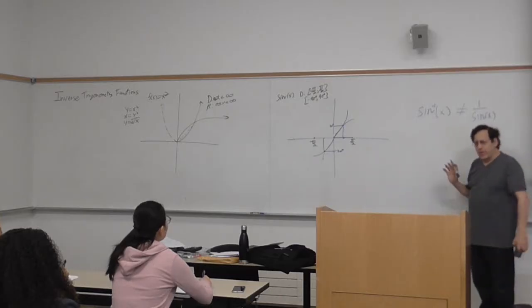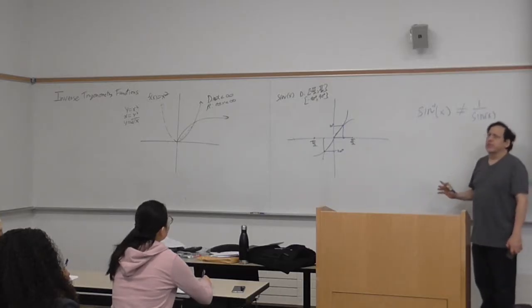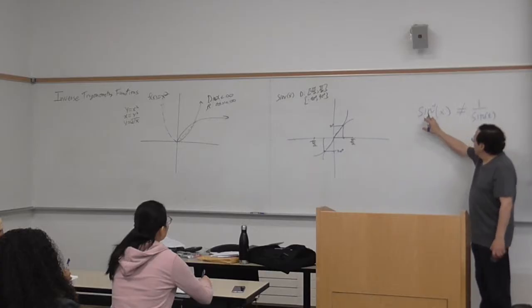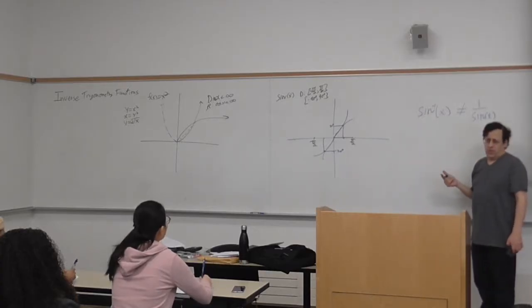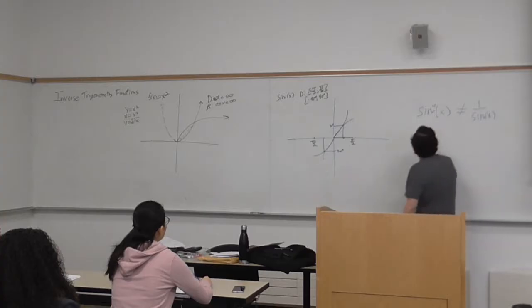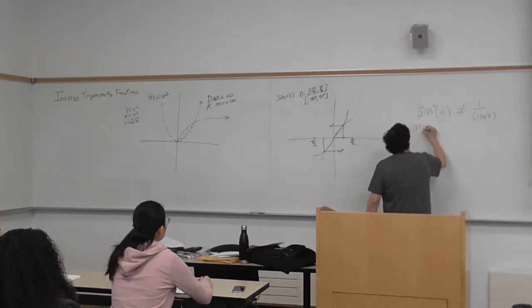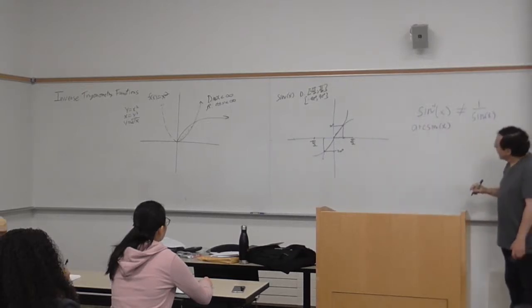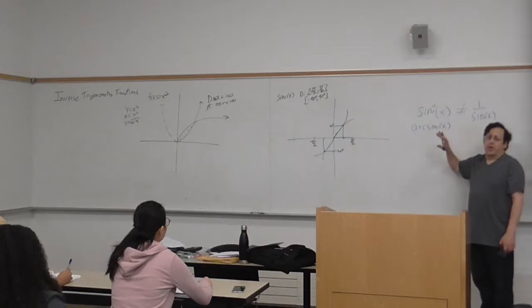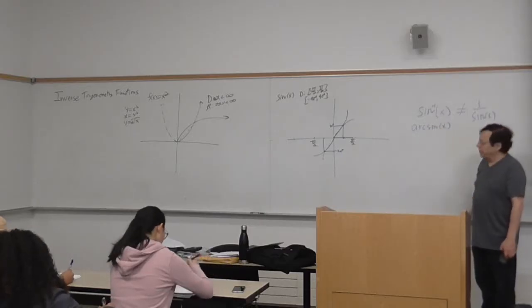This is confusing notation, to say the least, but it's the way it's done. A little less confusing is to use arcsine of x. These mean exactly the same thing. And you'll see this in our cosine, our tangent, our cotangent, and so forth.